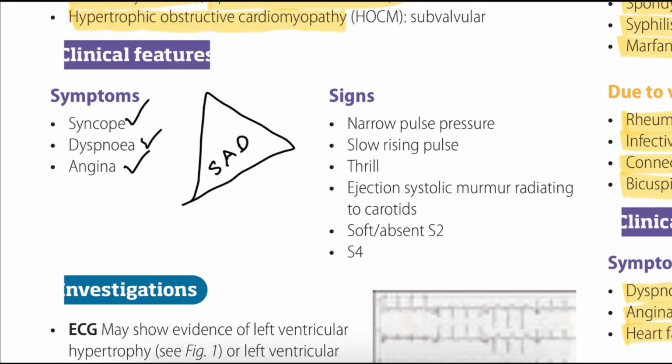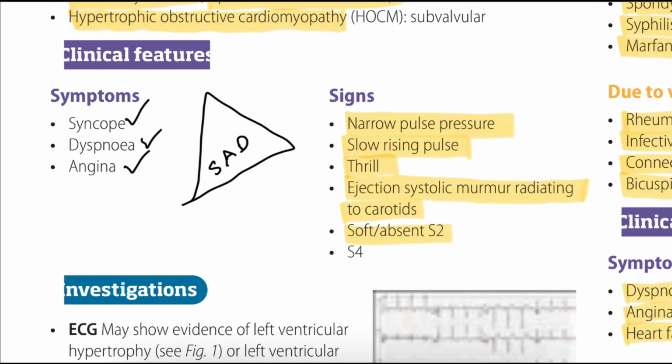Signs include narrow pulse pressure and slow rising pulse, and you can feel thrills in aortic stenosis. You can hear an ejection systolic murmur radiating to the carotids, and a soft or absent second heart sound, and we can listen to S4.